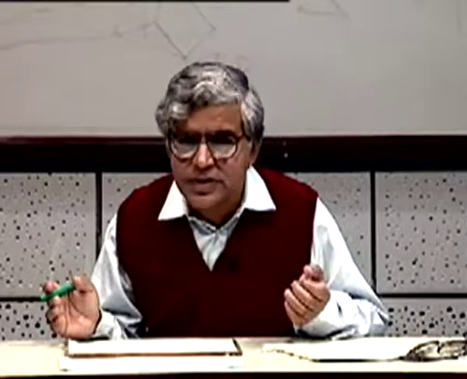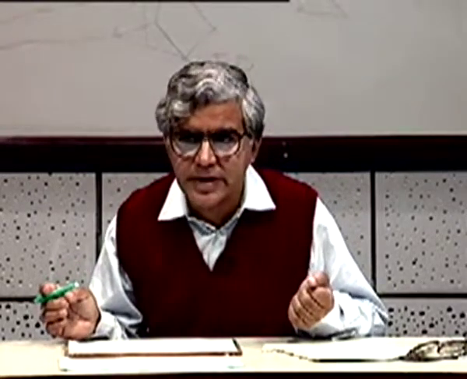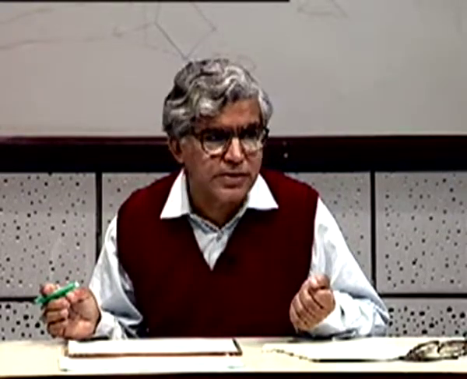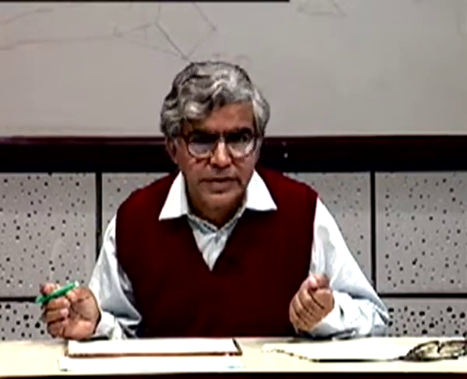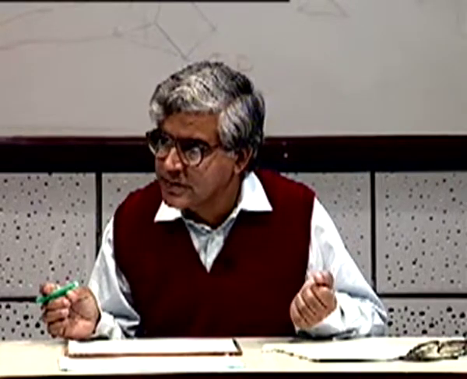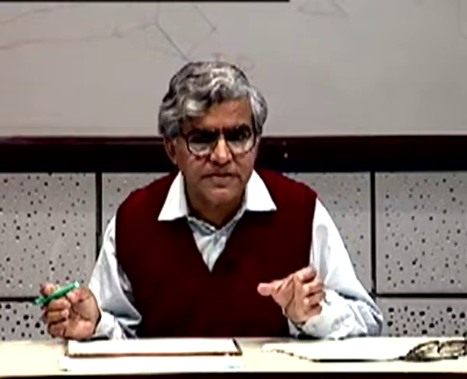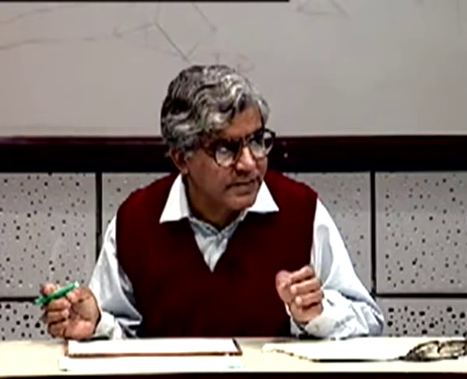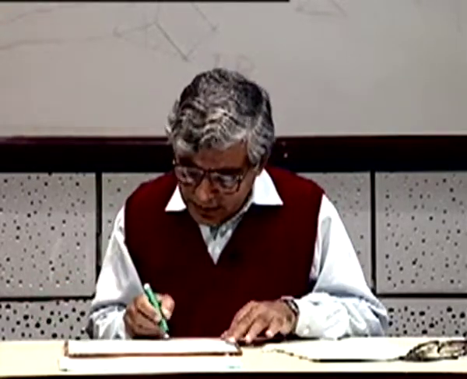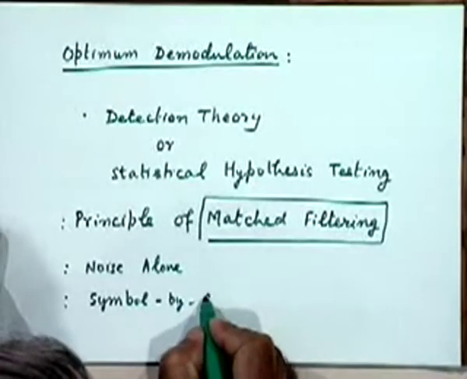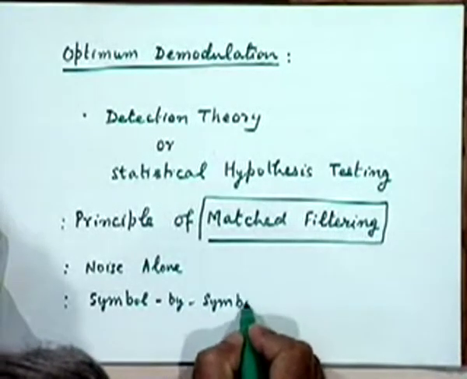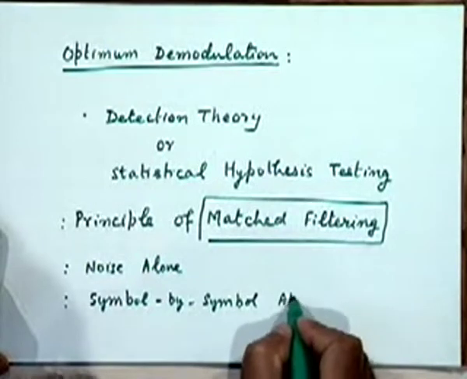Of course, another assumption that we have made here is that we have perfect timing synchronization between the transmitter and the receiver, so that we know every symbol perfectly, symbol duration perfectly. So a symbol by symbol approach.